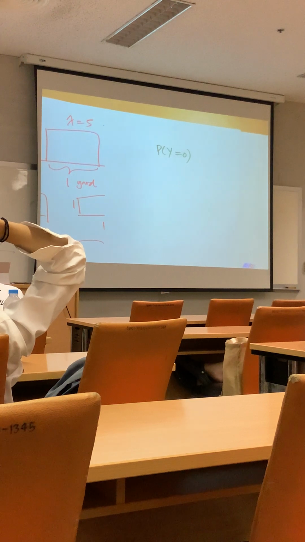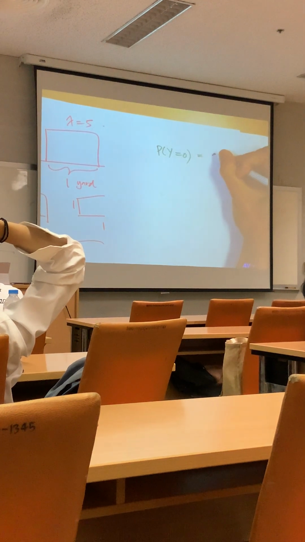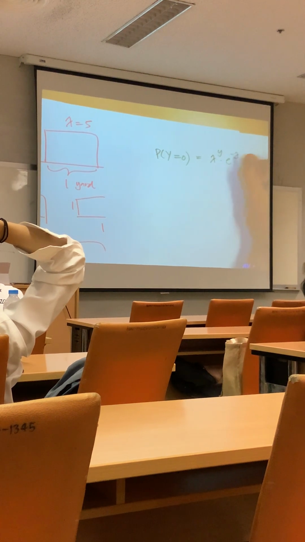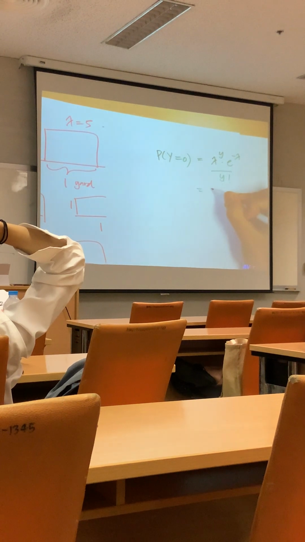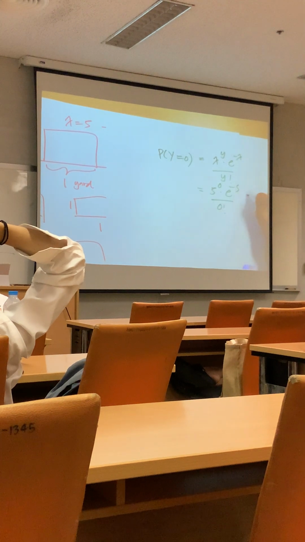So if lambda is still 5, we use the formula: lambda to the power of y, e to the power of minus lambda, over y factorial. So lambda is 5, y is 0, and e to the power of minus 5, over 0 factorial.